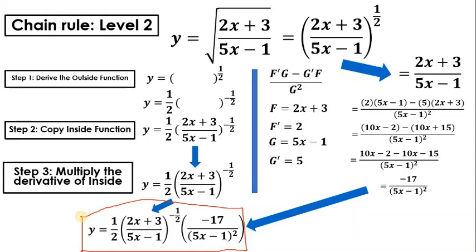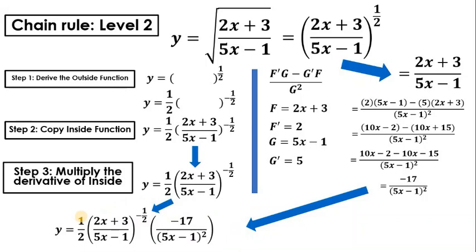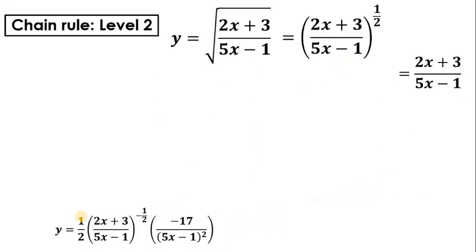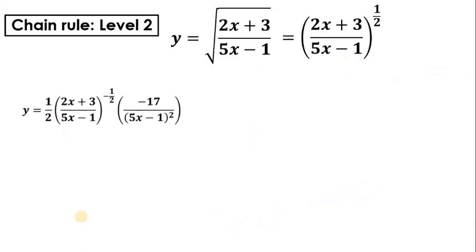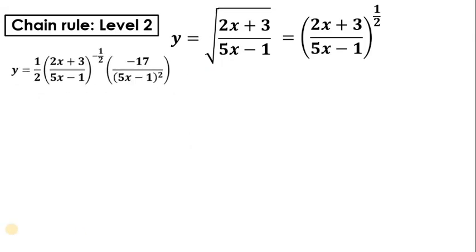Let me erase some part here. Okay, there you have it. I will put this one here. Again, what we did earlier is we used the chain rule, but we ended up like this.